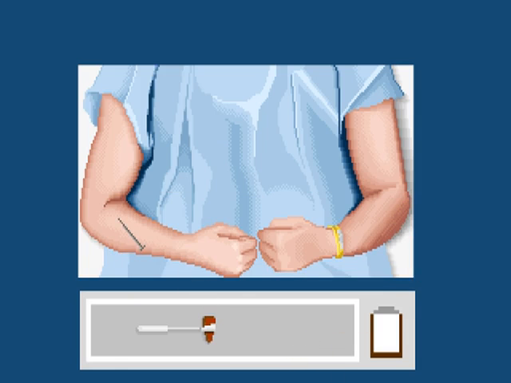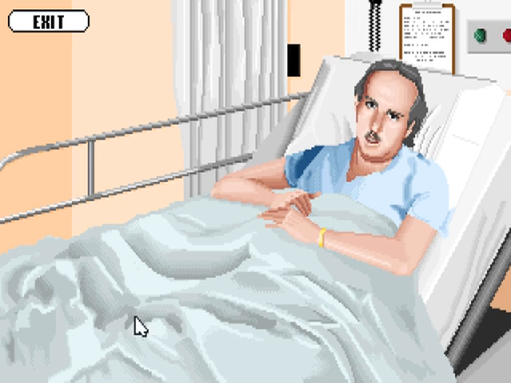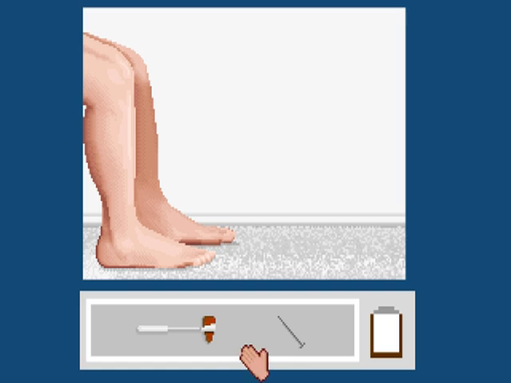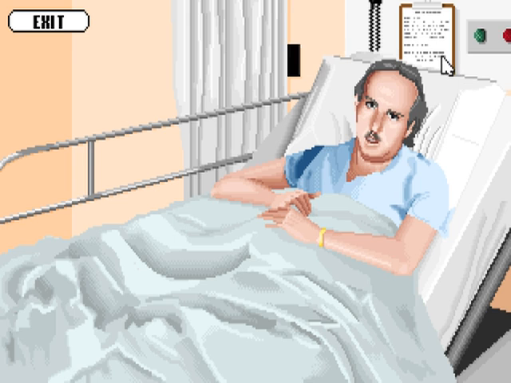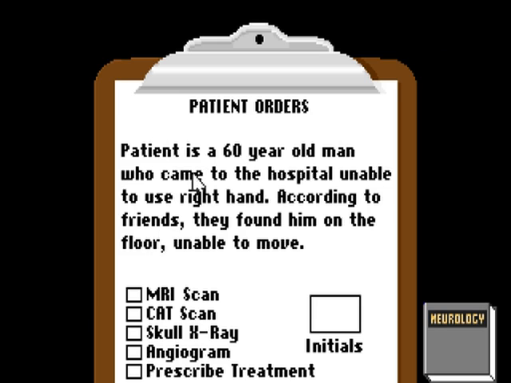Yes, both counts. Nothing there, and ouch here. Okay. Mm-hmm. He's 60. He couldn't use his right hand, and they found him on the floor, unable to move.